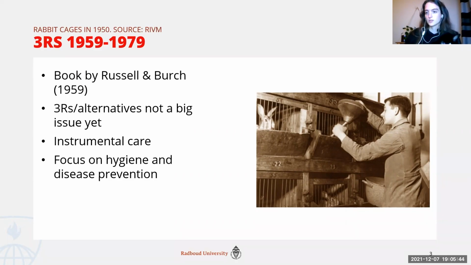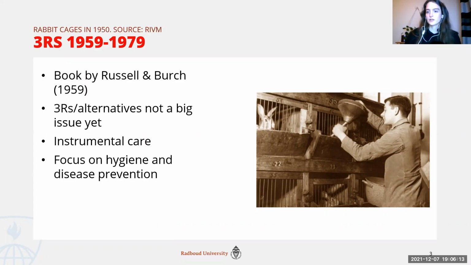So when we look at the time period around 1959, 3 R's and alternatives were not a big issue yet. But what you do see during that time period is that care for laboratory animals becomes more important. That has to do with the idea of healthy animals leading to better research, better science. So it's a very instrumental perspective on care, and the focus is on hygiene and preventing diseases.